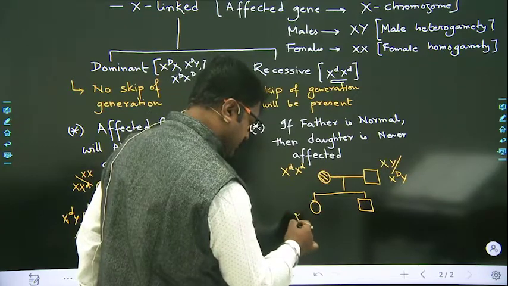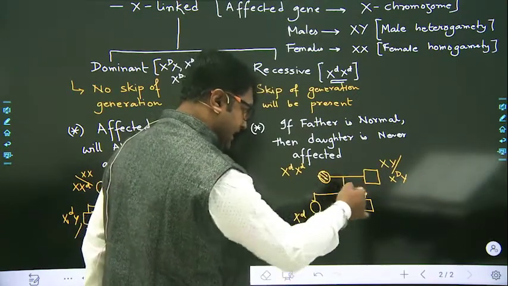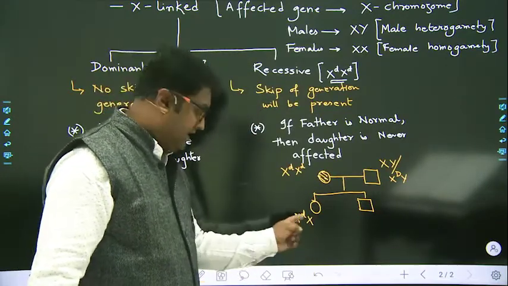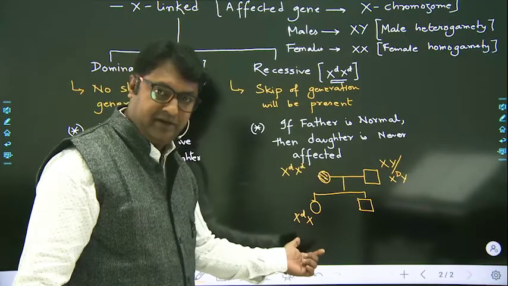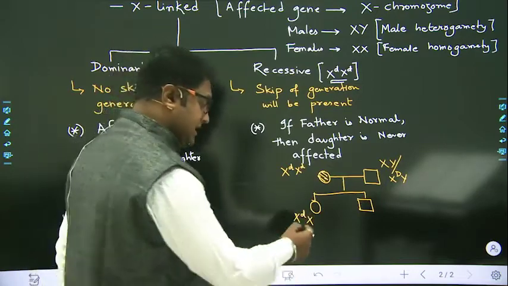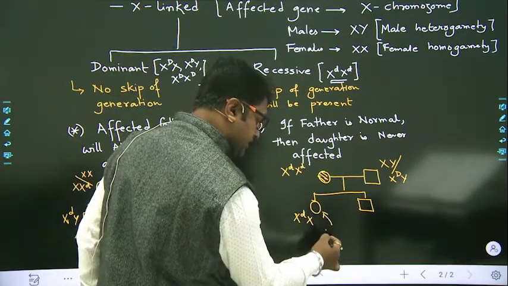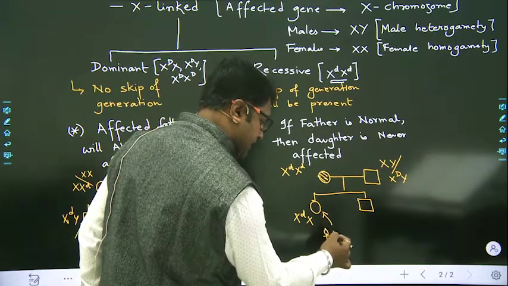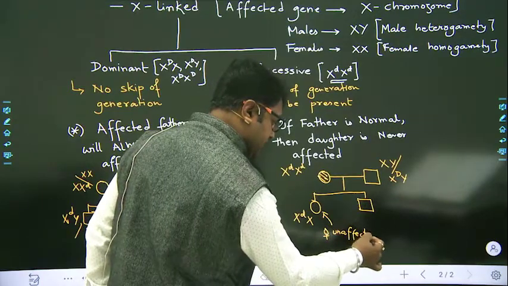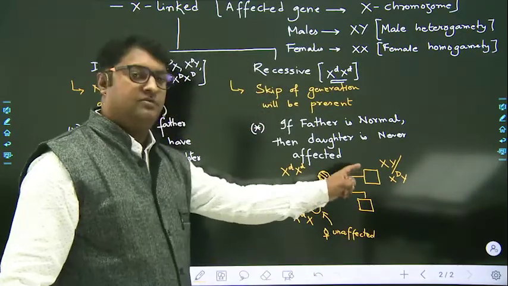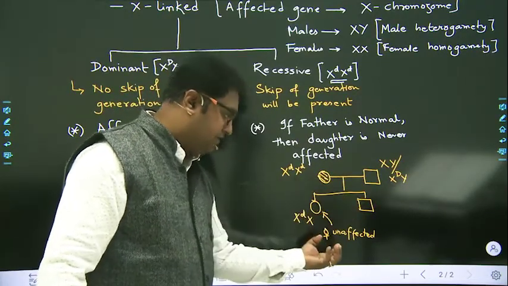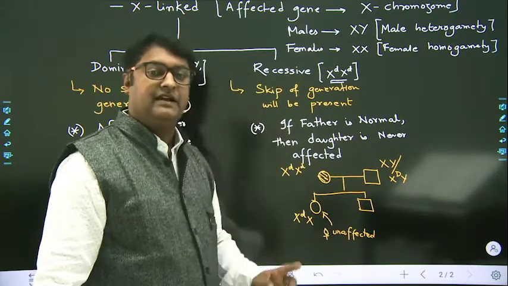One will be coming from the mother and the other one from the father. So obviously the homozygous condition will not be achieved, and if the homozygous condition is not achieved, this daughter will be unaffected. So our statement is absolutely correct: if the father is normal, then from the progenies the one which will be a daughter will be unaffected.